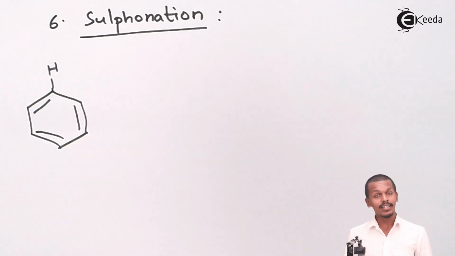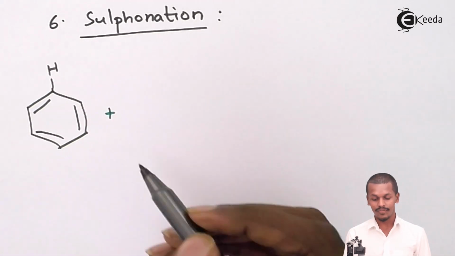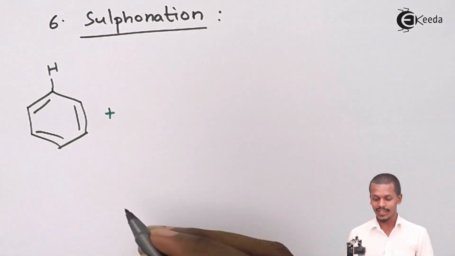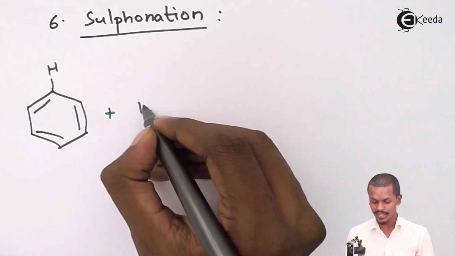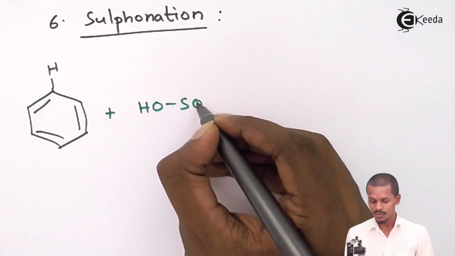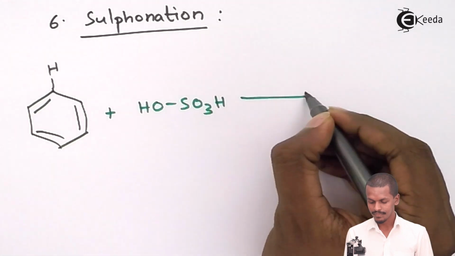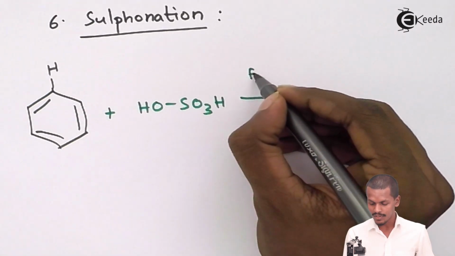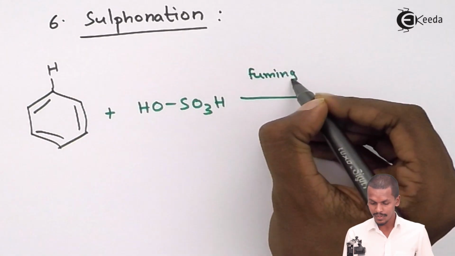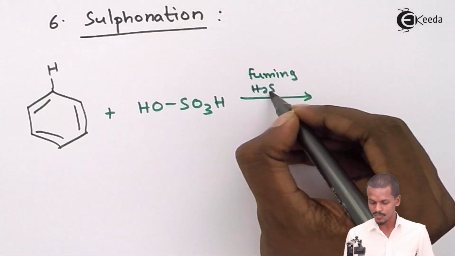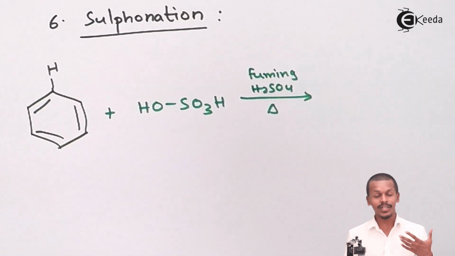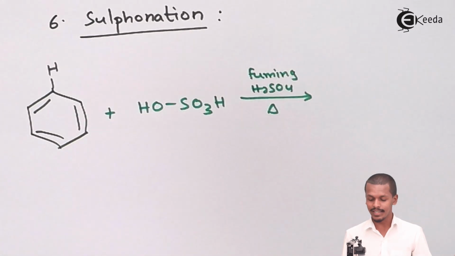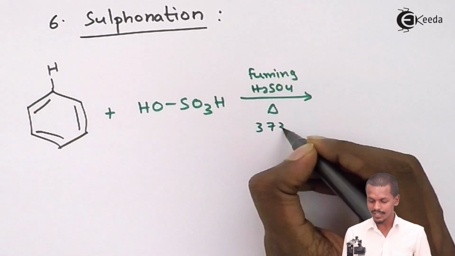Here I have represented benzene, and for which I am including sulfuric acid, which could be written in this way, HOSO3H. In this case, we have to do this reaction in fuming sulfuric acid, fuming H2SO4, and also at a particular temperature of around 100 degrees Celsius, or 373 Kelvin.